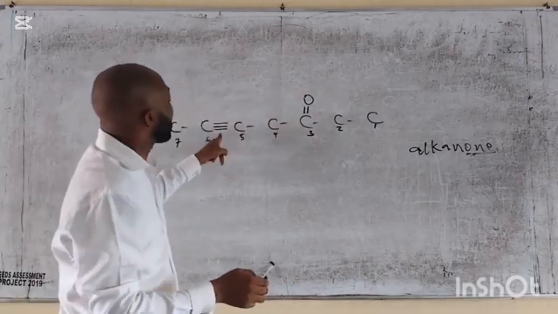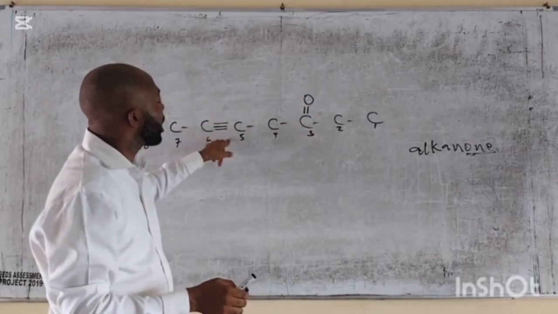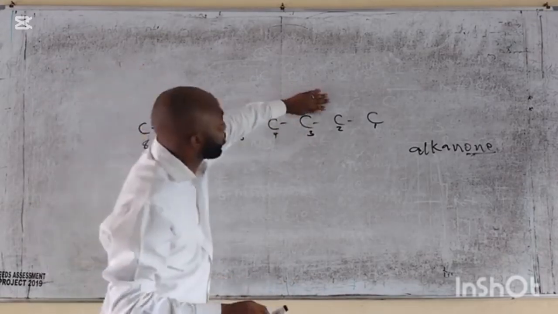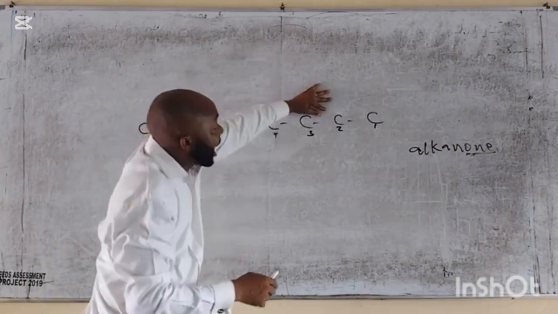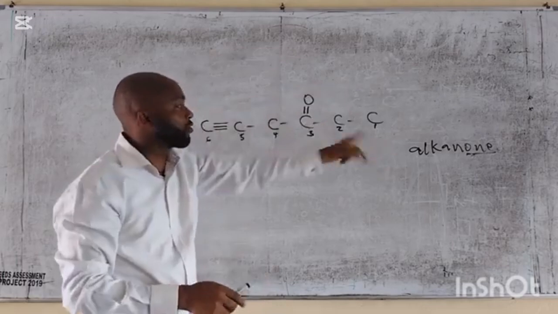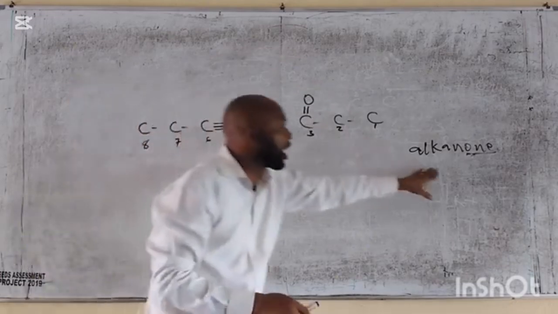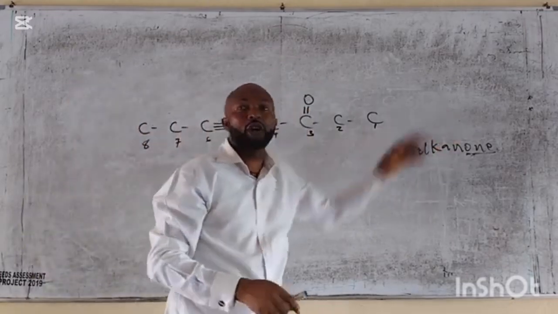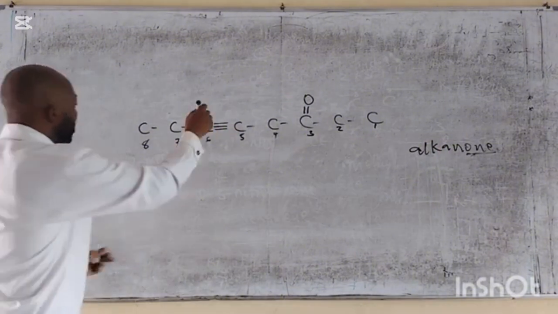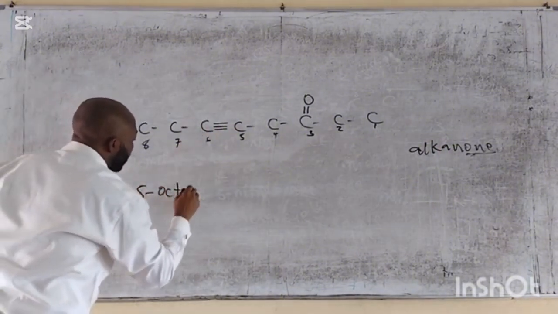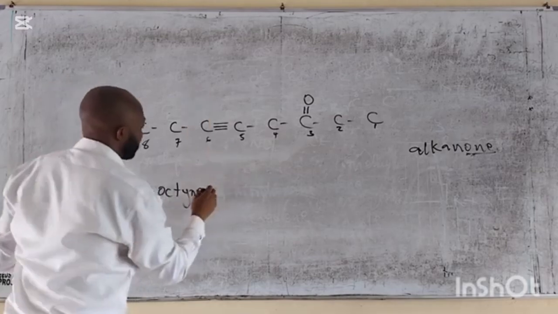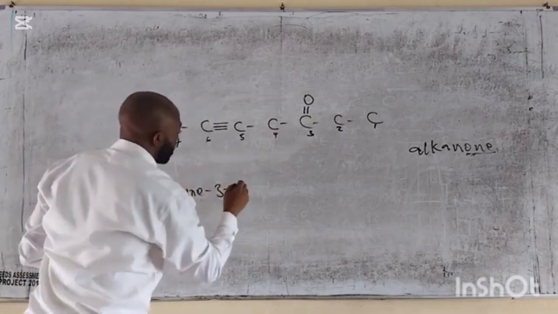But now we have a triple bond here, which is normally octyne without this. So we call it 5-octyn-3-one from the alkanone family. The alkanones will take precedence because it's more superior. So I have 5-octyn-3-one.